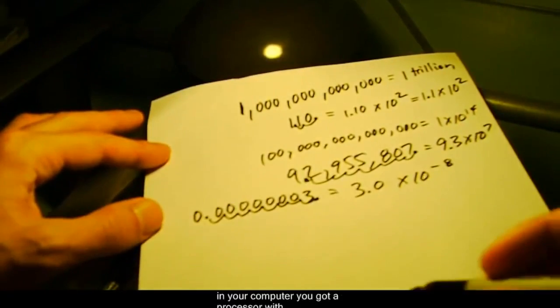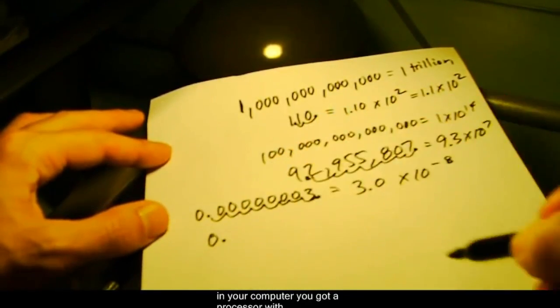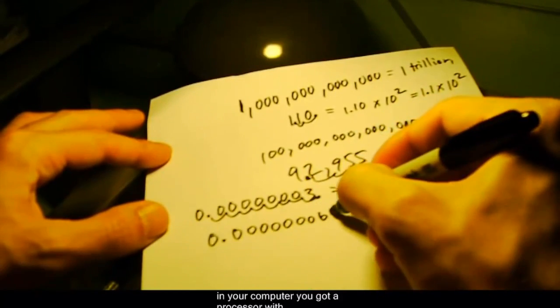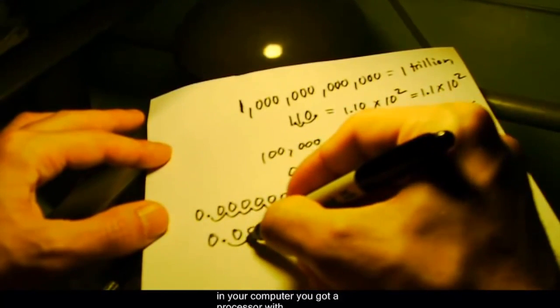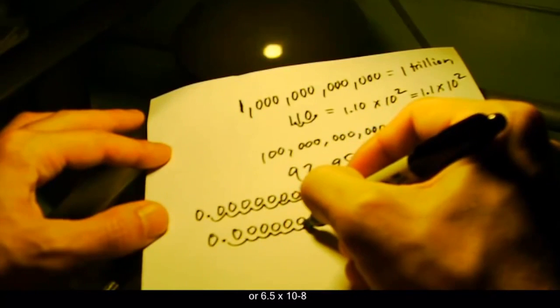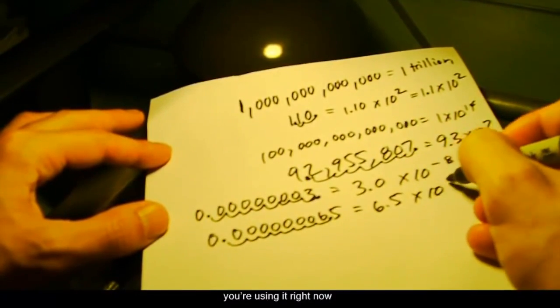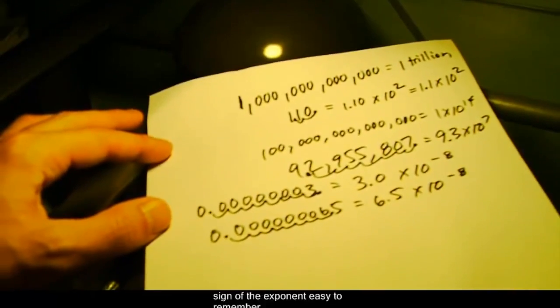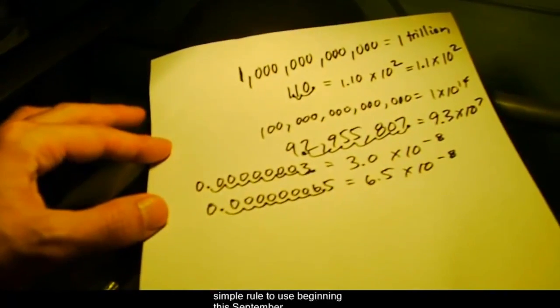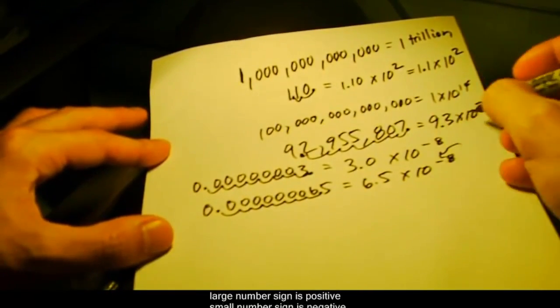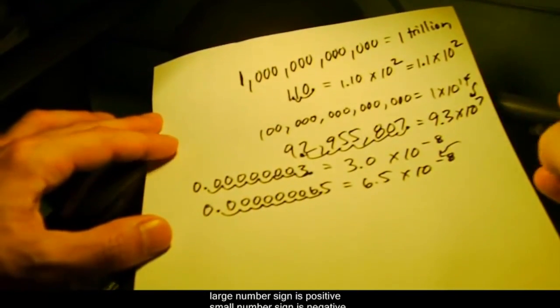In your computer, you got a processor with the width of 0.000000065 meters, or 6.5 times 10 to the -8th. You're using it right now. Sign of the exponent, easy to remember. Simple rule to use beginning this September. Large number sign is positive. Small number sign is negative.